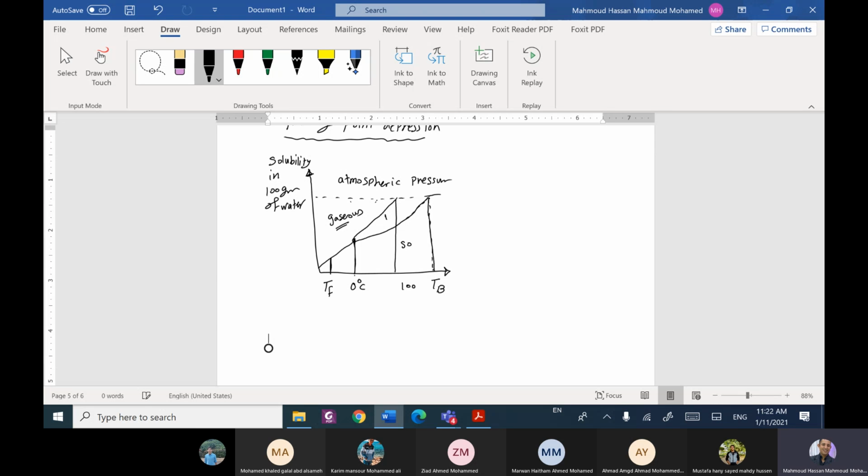This represents the solid, liquid, and gaseous.